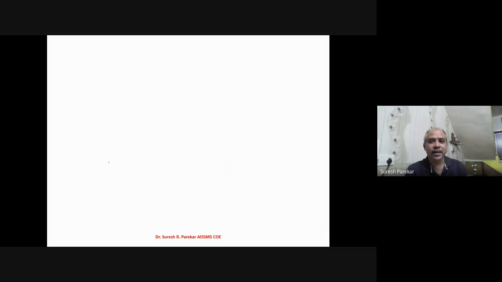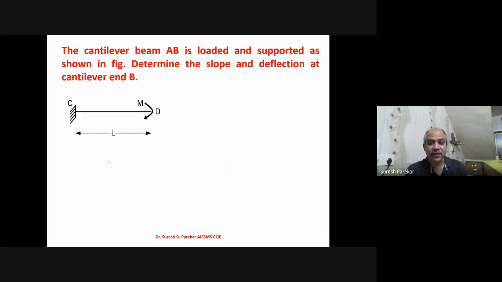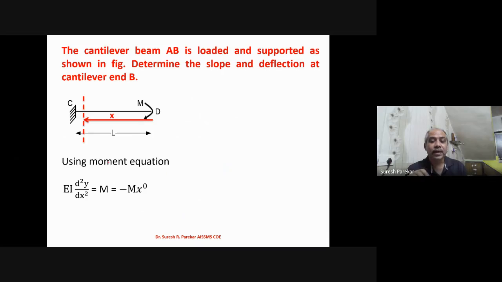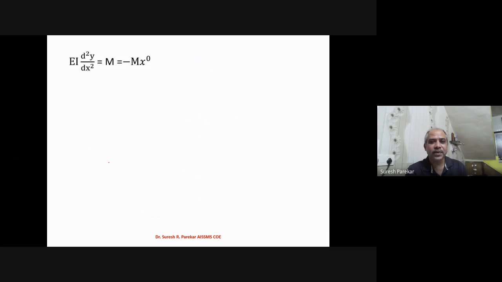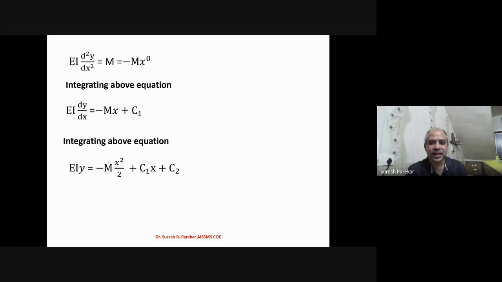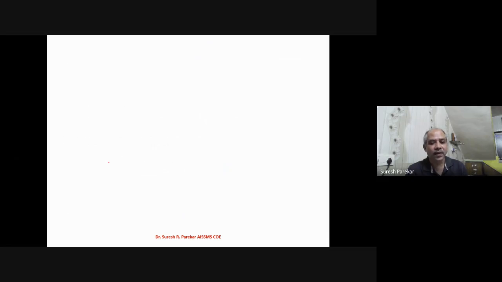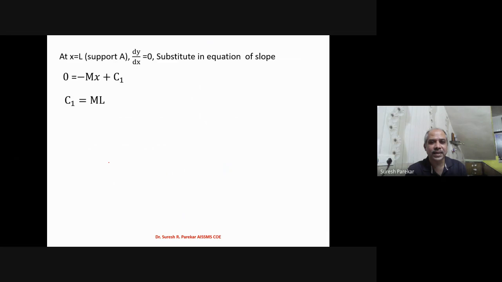Similarly, we can do it for a couple also. Here we have only one compartment, so I can directly go with M minus Mx to the power 0. Here you may write it or not, but be habitual: always write the power whenever you have any term with M. Then integrating Mx to the power 0, we get Mx plus c1, and integrating again, Mx square by 2 plus c1x plus c2. Then we have boundary conditions in this fashion.